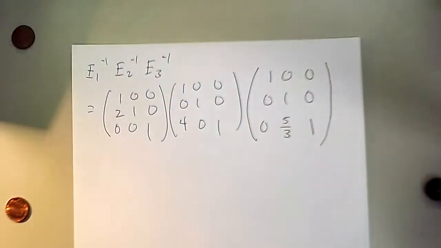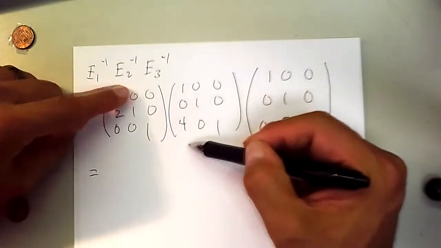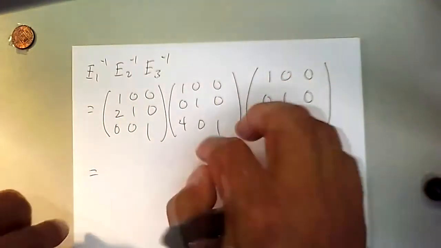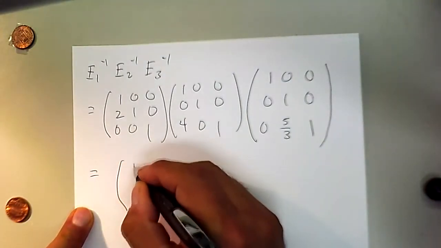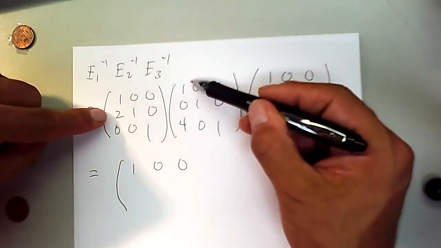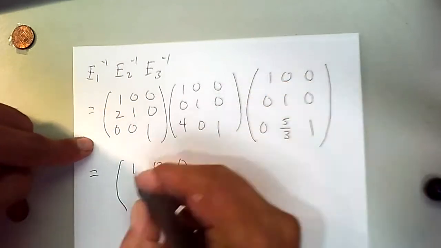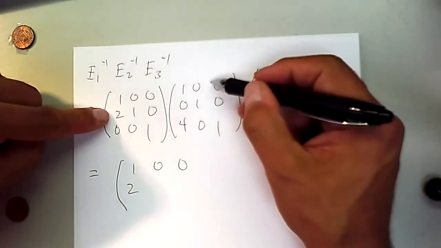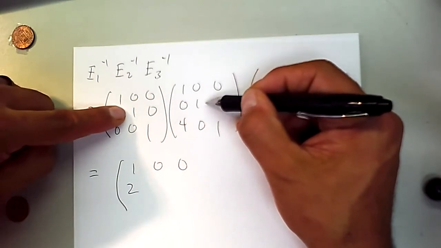Okay, so let's multiply this out. First row of this matrix stays as is, so we're going to end up with 1, 0, 0. Let's look at the second row. 2, 0, 0. 0, 1, 0.